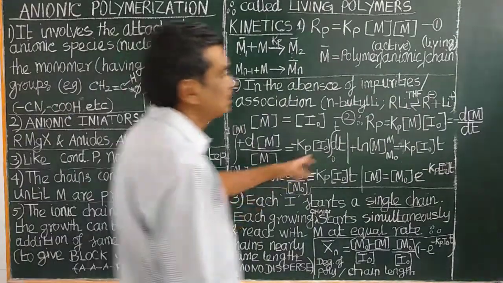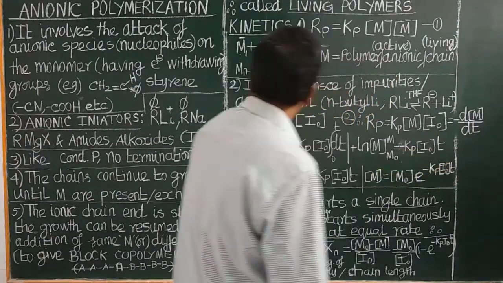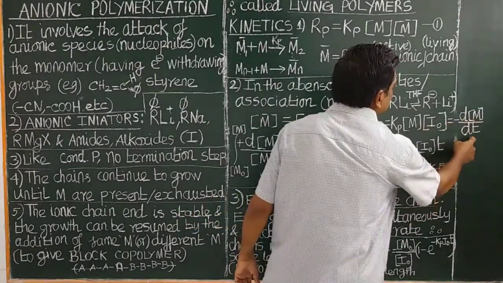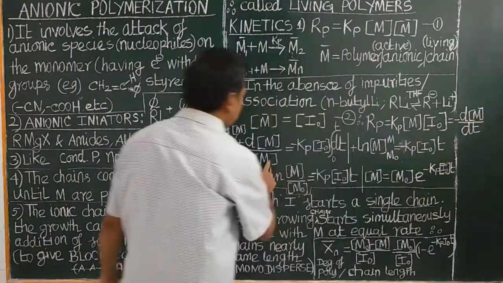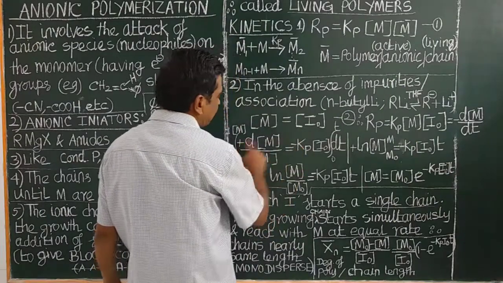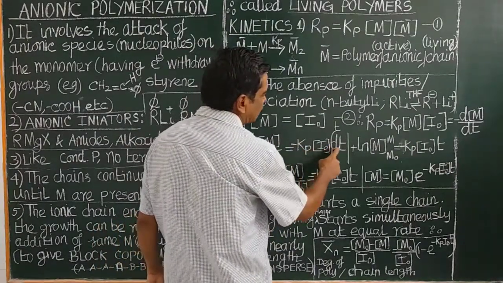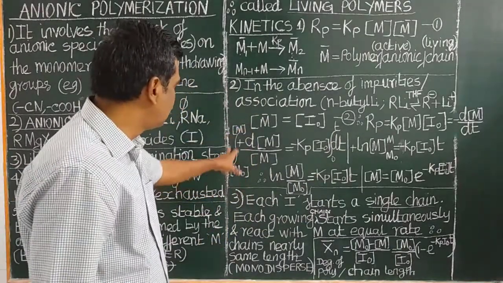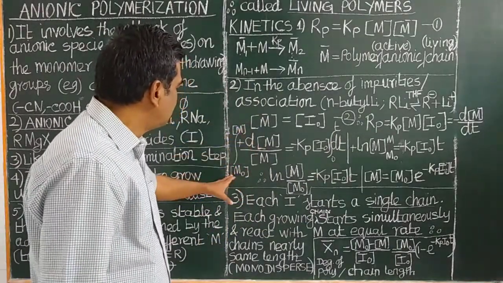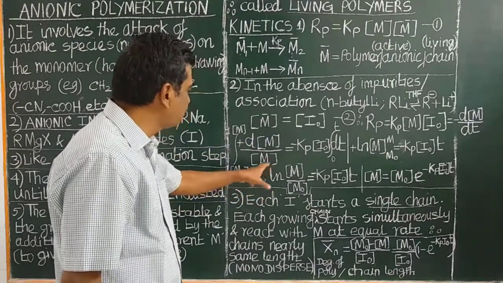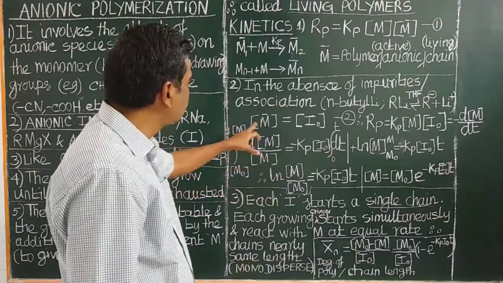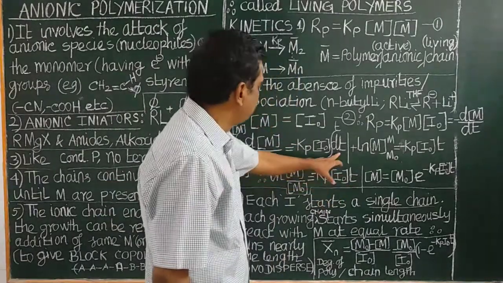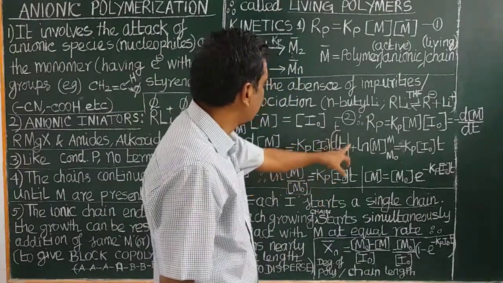On rearranging this equation, you bring M here, giving minus kp I naught. On integrating between the two concentrations, M naught, the concentration of the monomer in the beginning, and M, the concentration of the monomer at time t, from time equal to 0 to time t.